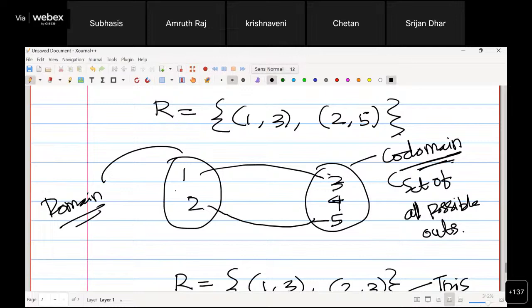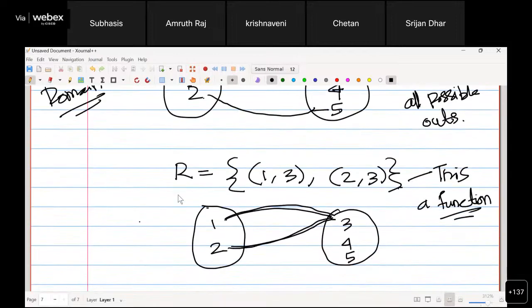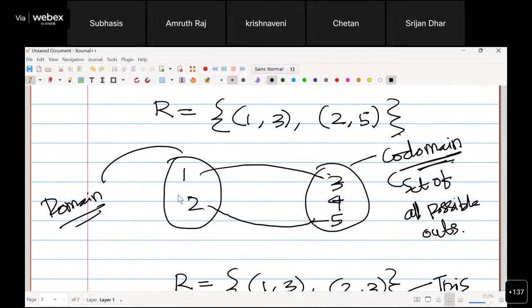That you have to understand. Range is a subset of the codomain, but there is a slight difference between range and codomain. The codomain is the set of all possible outputs.